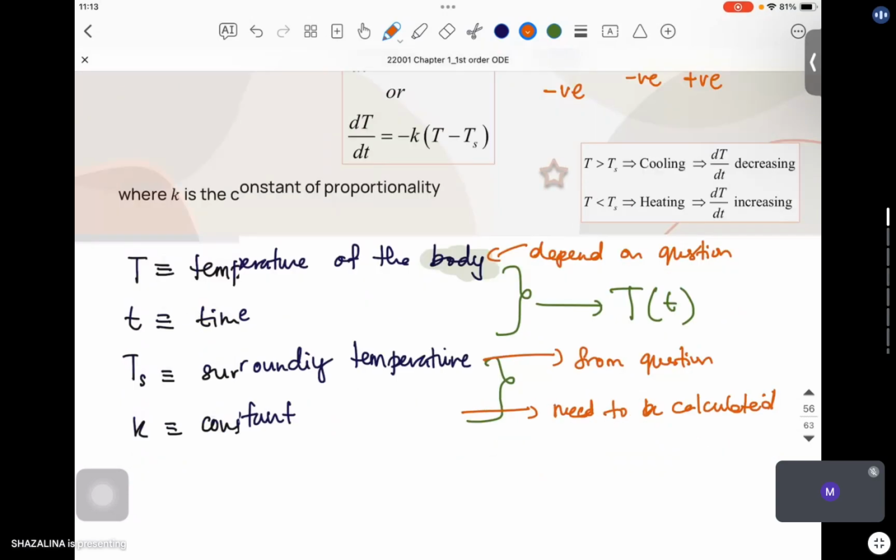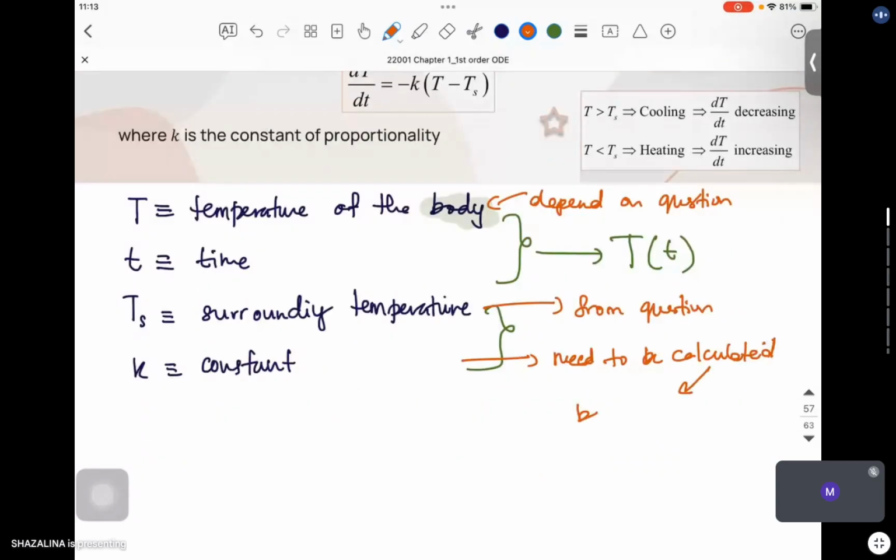Okay, how to calculate? Calculate based on condition. Where is this condition come from? Condition come from question.